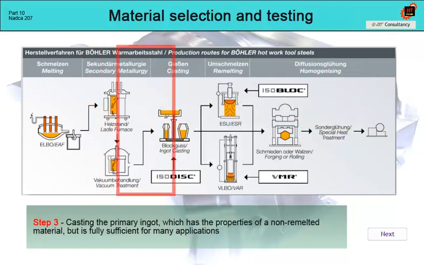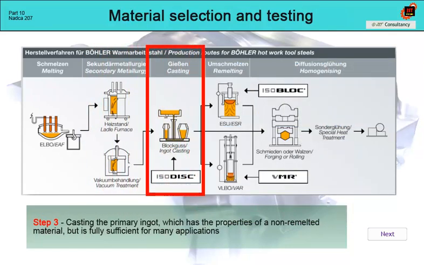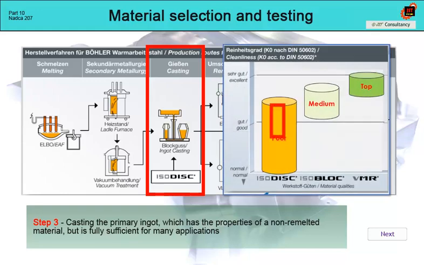An ingot is then cast from the steel prepared in this way. Its properties correspond to the purity of the material from the secondary melting process. This can be clearly seen in the picture from the Böhler Company, where the isodisc quality shows how wide the tolerance field of material purity is for steel prepared in this way.